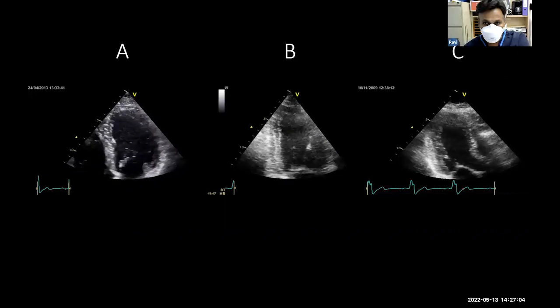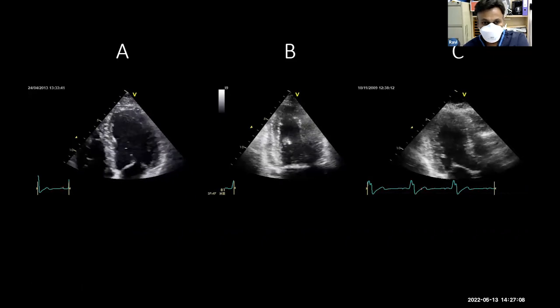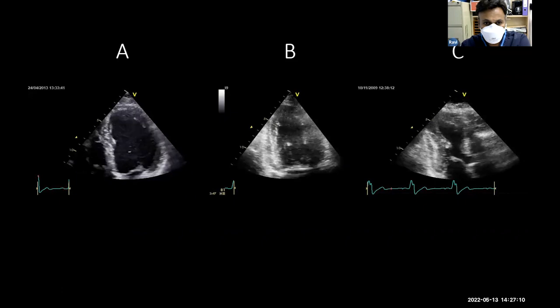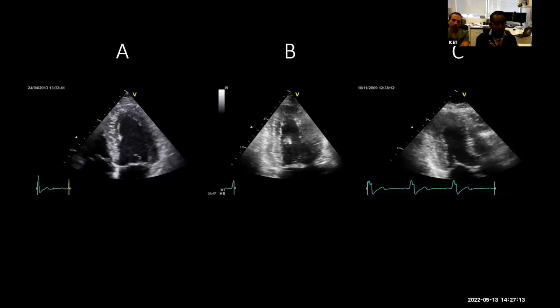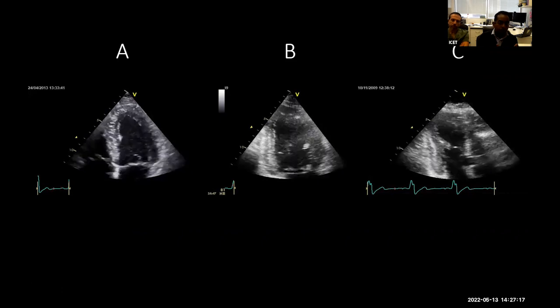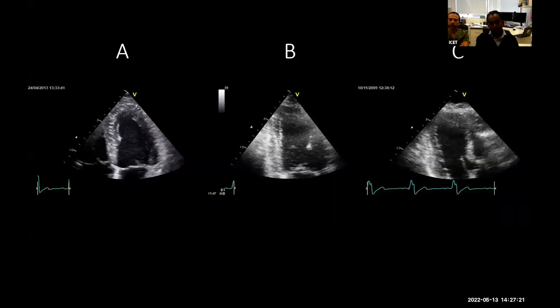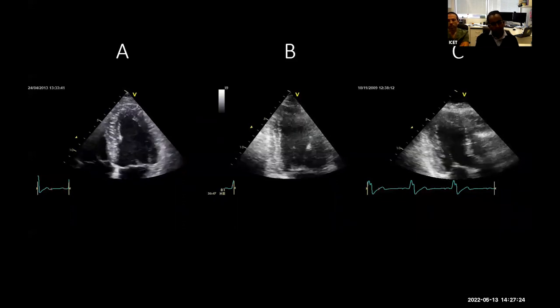Just change the sector width, widen the sector width. Yeah, you can do that. But now you're doing this retrospectively, so you can't really go back and acquire the image. So how else can I do this?